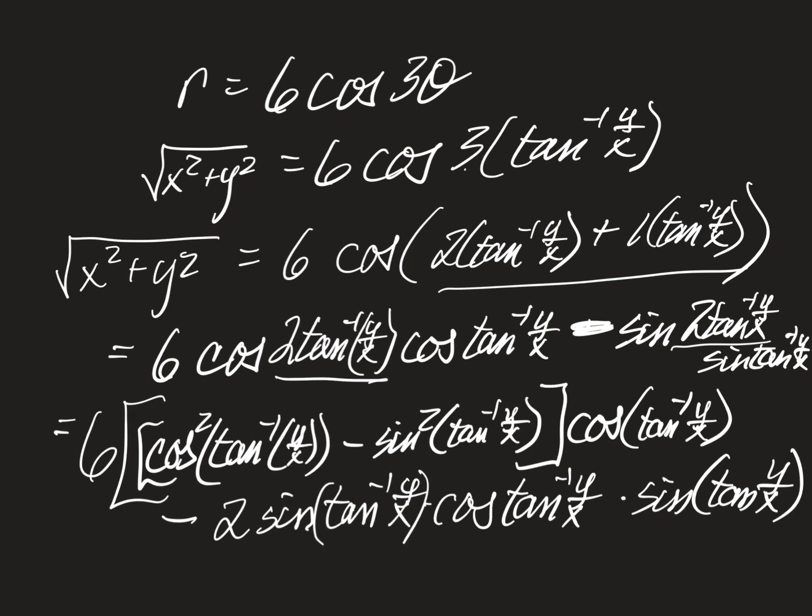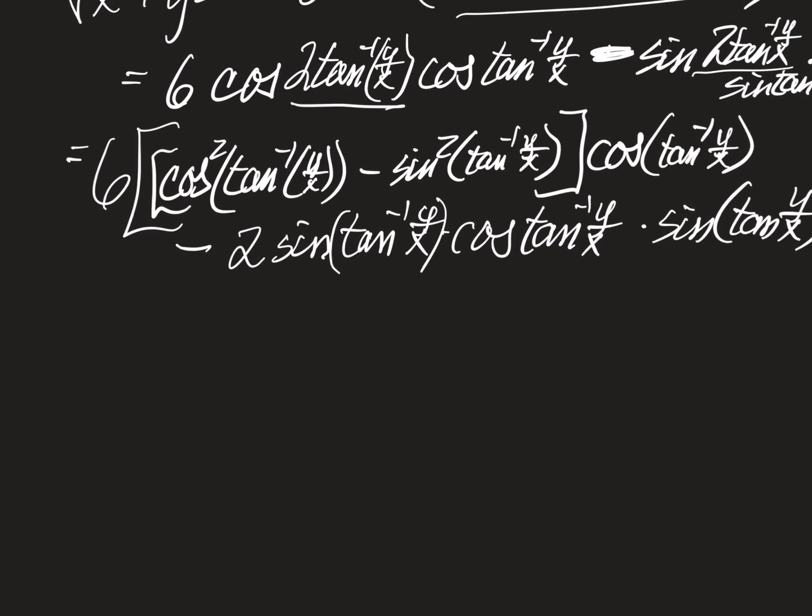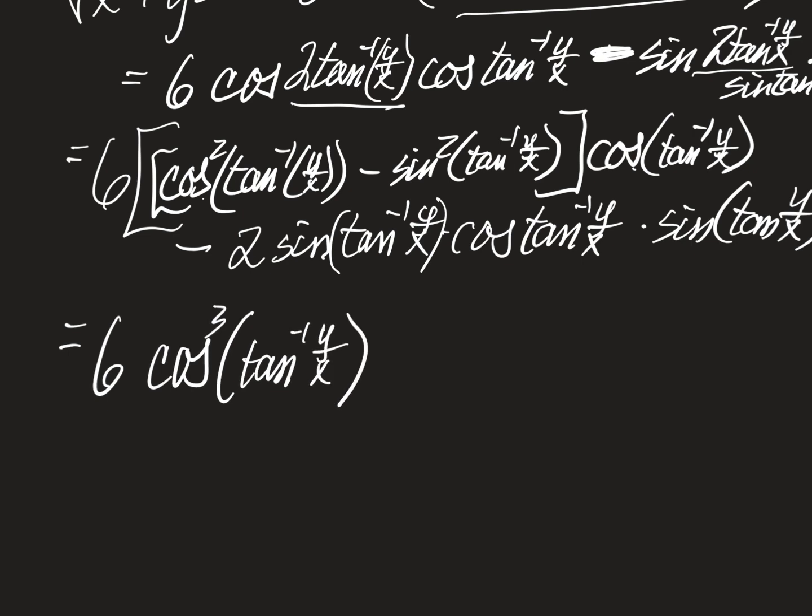What a long, nasty booger this is, right? So let's move this up a little bit. Let's take a look at this. If you look here, you get a cosine times a cosine, which is cosine cubed. So we'll have a cosine cubed of the inverse tangent of y over x, okay?